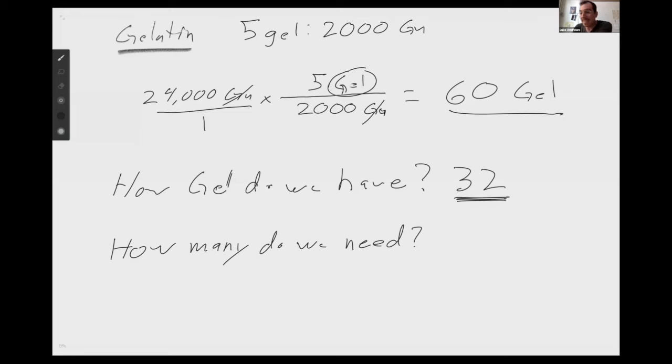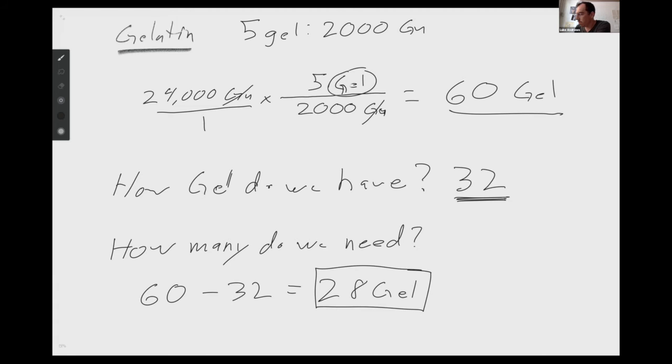So if we need 60, from the question, we know that we have 32. How many do we need? 60 minus 32 equals 28 gelatin packets.